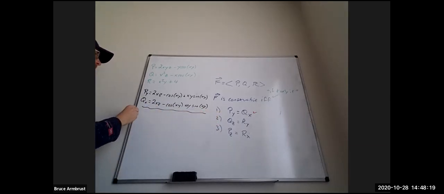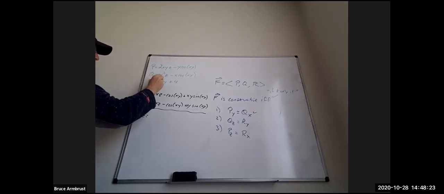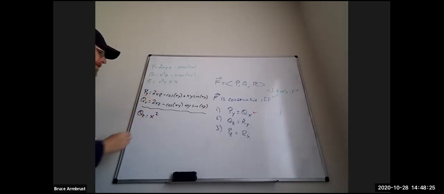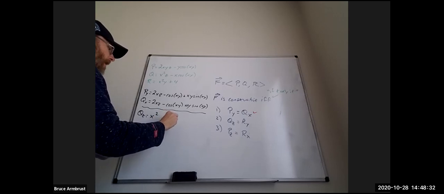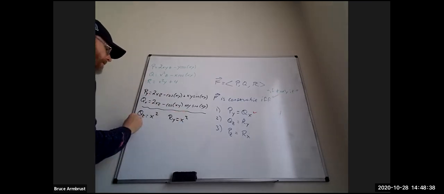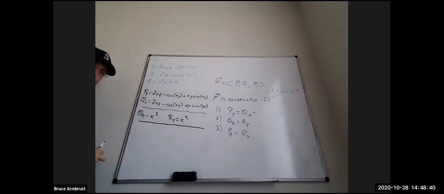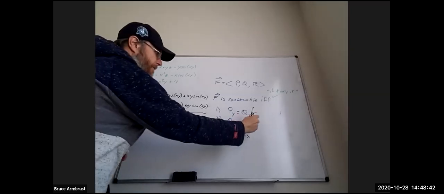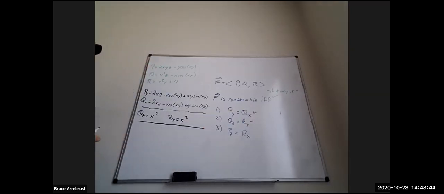Okay, then let's look at qz. The partial of q with respect to z is x squared. Well, that was nice. That was fast. Let's look at ry. The partial of the last one with respect to y is x squared. Okay, cool. Check that one off. All right, then let's look at pz.